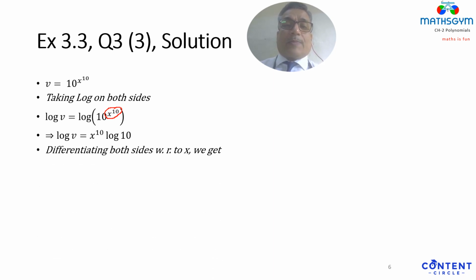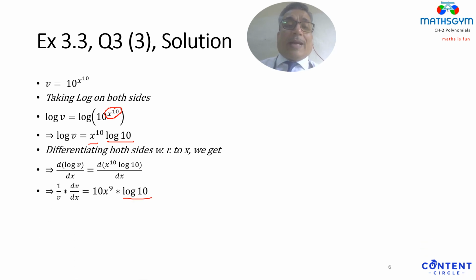Differentiating both the sides with respect to x, log 10 is anyway constant, so we can take it out. x to the power 10 is of the form x to the power n, where n is a constant. So log v, d dx of log v is equal to d dx of x to the power 10 log 10. When you differentiate, the result is n times x to the power n minus 1, which is 10 x to the power 9.